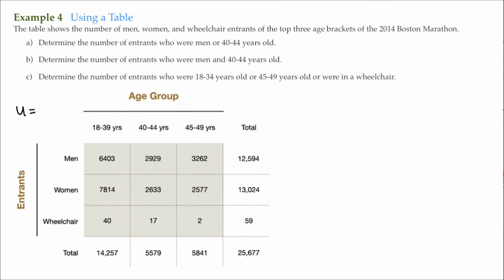So letter A says, determine the number of entrants who were men or 40 to 44 years old. So here are the men. I'm just going to outline it here. So we had 12,594 men or 40 to 44 years old.